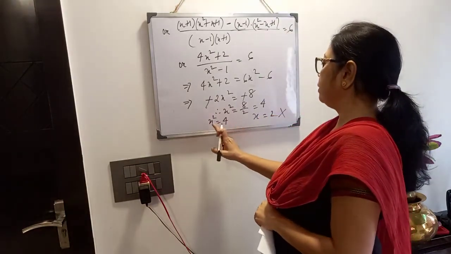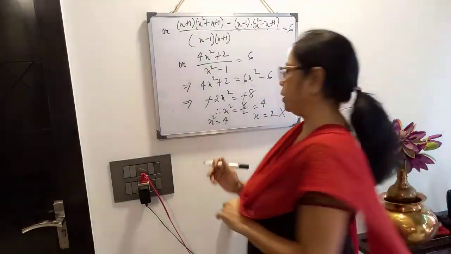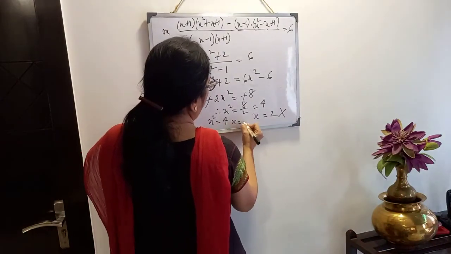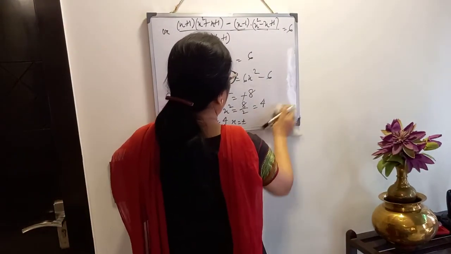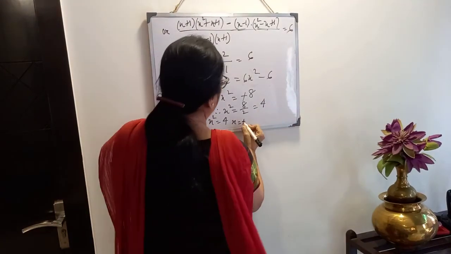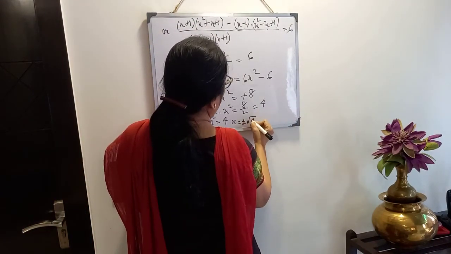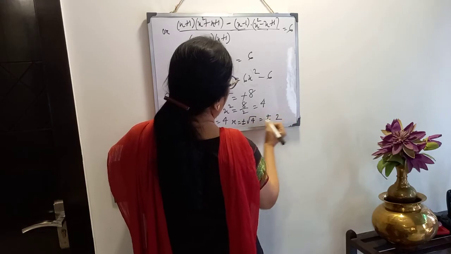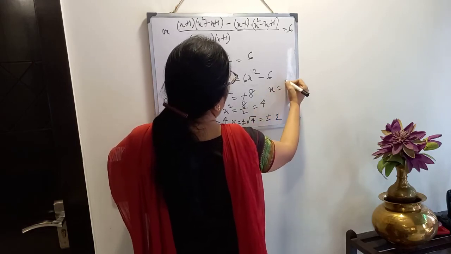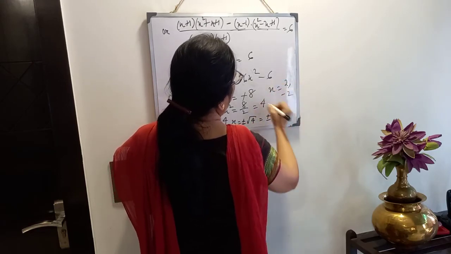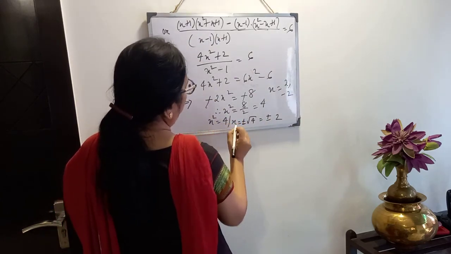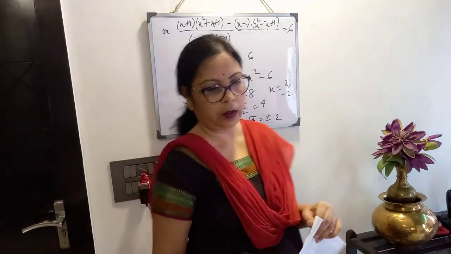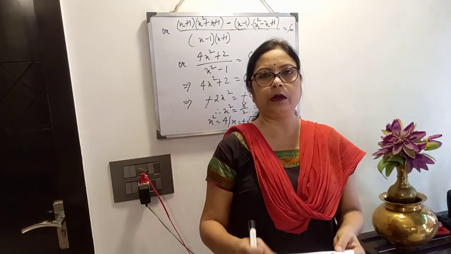So x square equals 4 means x equals plus minus root over 4, so plus minus 2. One value of x is plus 2 and another value is minus 2. Clear? From here, if you write only x equals 2, then it will be a wrong answer. Clear? Now the next part you will get in the next video.